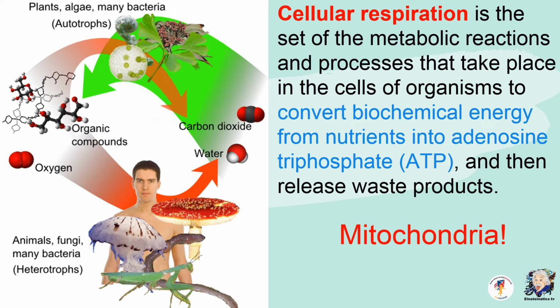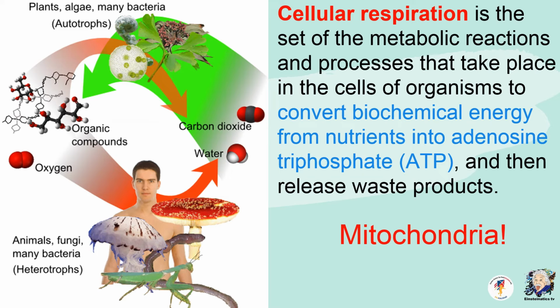When we talk about cellular respiration, it is the set of metabolic reactions and processes that take place in the cells of organisms to convert biochemical energy from the nutrients in the food they consume into adenosine triphosphate, or ATP, and release waste products.